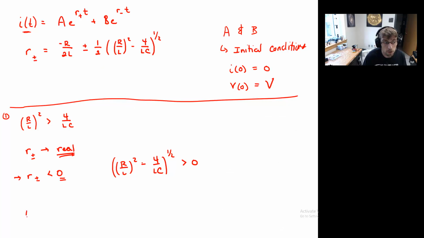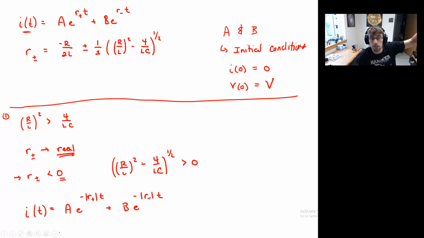In other words, my current will have 2 exponentially decaying terms. I'll put a magnitude sign in here for a second, just to highlight the fact that both of those terms will have a negative sign. They'll be exponentially decaying.